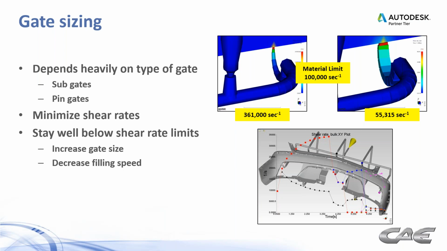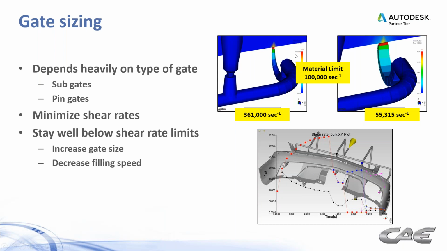So we have to determine the number of gates that we might need to reduce that shear rate and shear flow among all the different gates. But now we're opening ourselves up to the possibility of knit line. So all of these things are interrelated, and we have to again, prioritize our objectives and see how many of them we can satisfy simultaneously.